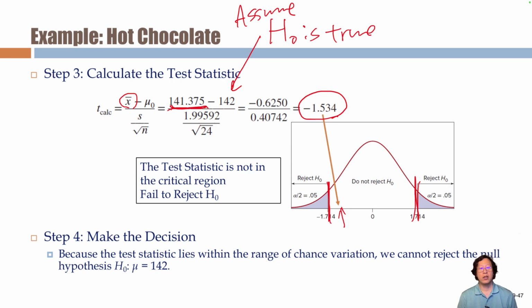So you can still doubt the temperature is not 142, but our evidence is not strong enough. So we cannot reject. Again, this is not accepting that the true mean is 142, but we cannot reject the null hypothesis, which says the mean is 142. We cannot reject the null hypothesis.